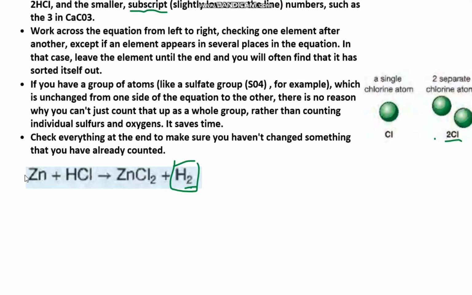So I'll work out this example. This is zinc plus HCl gives zinc chloride plus H2, so we have to balance this equation, and I will write it here to make it easier.